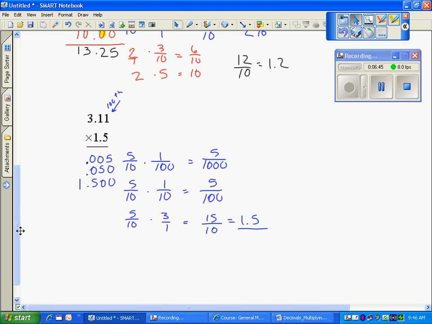Now I also need to distribute this 1. 1 times 1 100th, 1 times 1 tenth, and 1 times 3. 1 times anything is itself. It's the identity rule or property. Converting these to decimals, 1 100th. Notice it needs to be in the 100th position. 1 tenth. Putting in placeholders, and 3. 3 is on the left-hand side of the decimal.